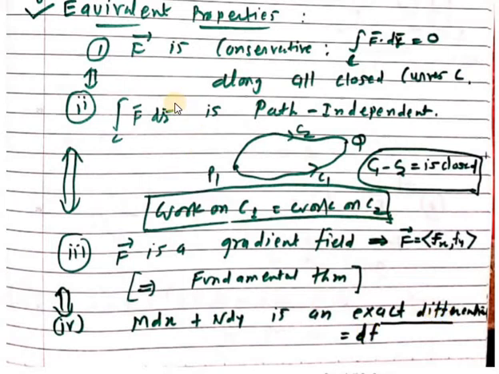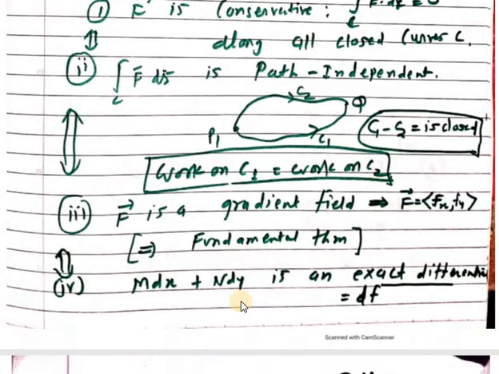That means we can say the line integral is path independent. Also we can say F bar is a gradient field. But the question is how to show that F bar is conservative. In three-dimensional vector space, we can assume that curl of F bar is equal to the zero vector. If the answer is non-zero, then we can say F bar is not conservative.